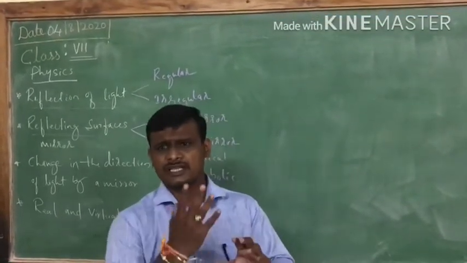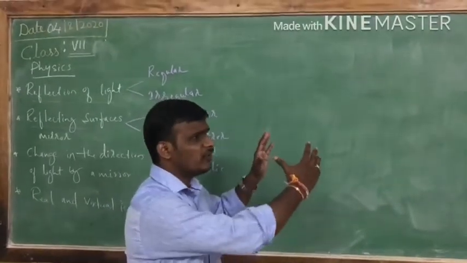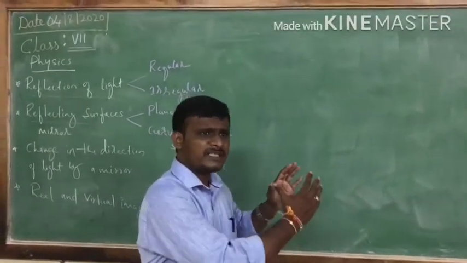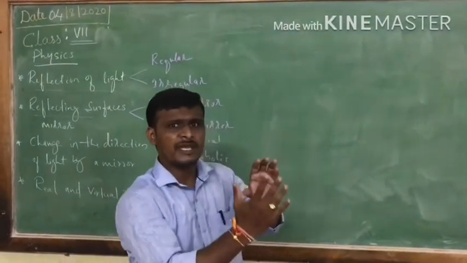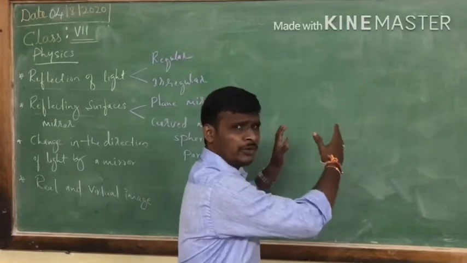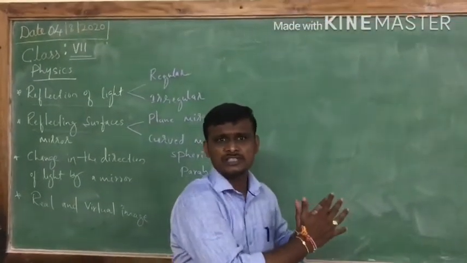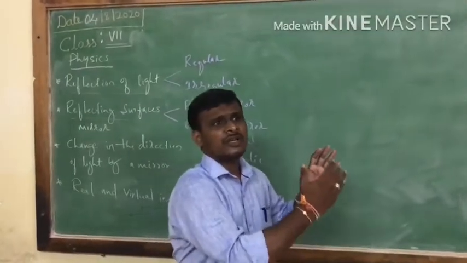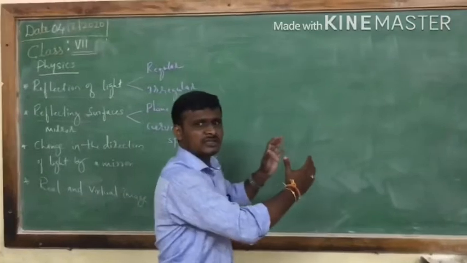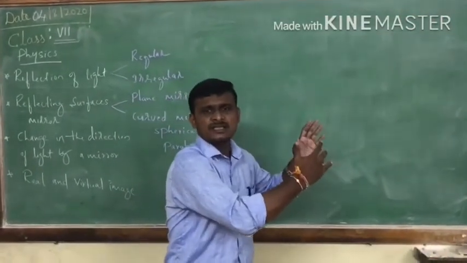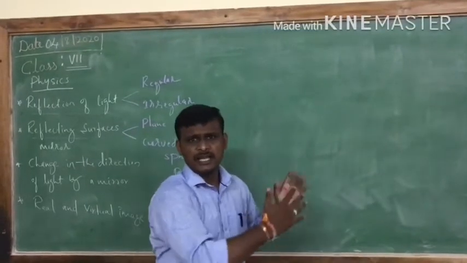When we project a video on a projector, you will see the video on the screen. In a cinema hall also, the projector captures a movie and projects it on a screen. That is a real image.